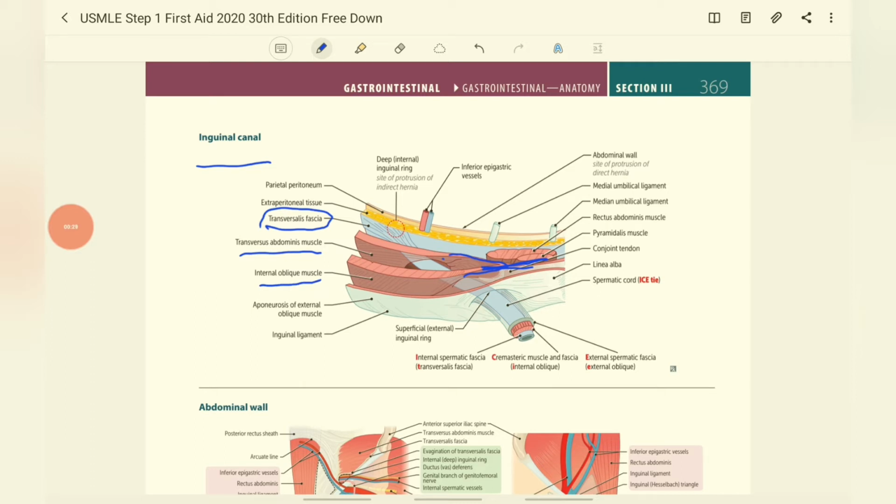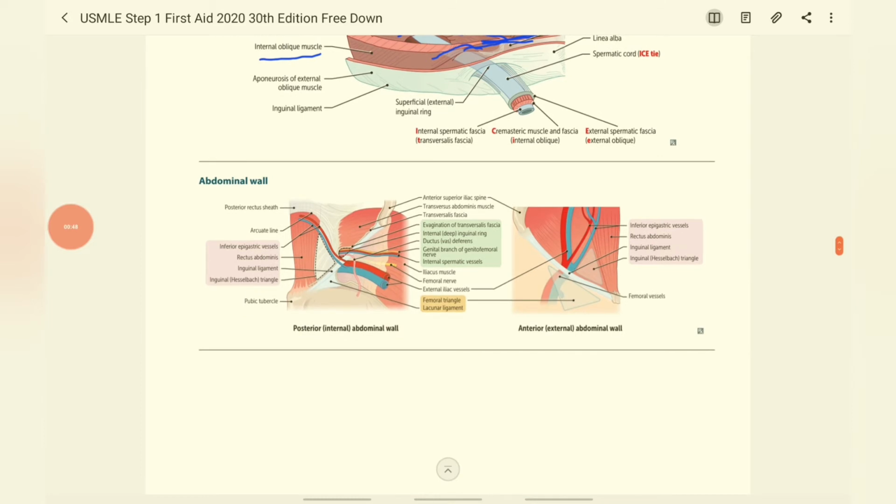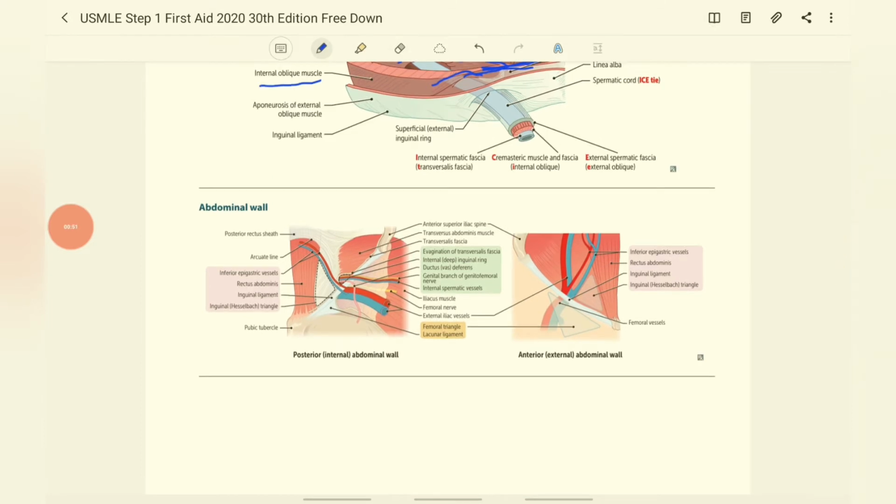The roof will be formed by the transverse abdominis muscle and internal oblique muscle, which can be seen like here. This is the roof, and the floor is made by the inguinal ligament. This is the floor I mark here.